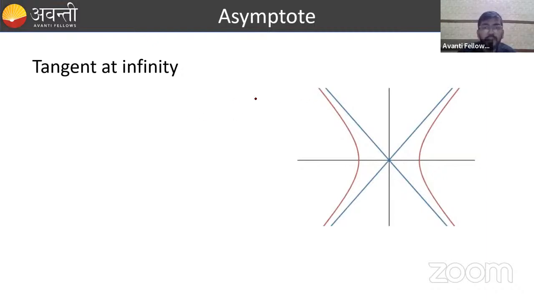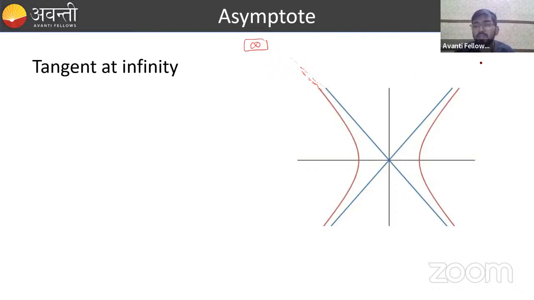Tangent at infinity, so the asymptote definition is to draw a tangent at infinity. We are drawing these tangents such that they just seem like they are grazing across the hyperbola, and we assume that since they are closing in on the hyperbola, we cannot tell how far they will meet with the hyperbola, so we consider it to be at infinity.